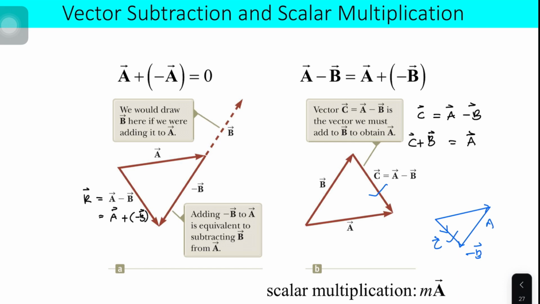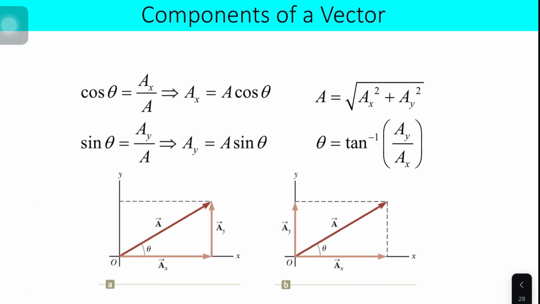This is the meaning of it. And for scalar multiplication, let's say we have 3A, and this is in meters, a displacement vector. If it is 3 times A, it means 3 times 3 meters. That is the meaning of this term.